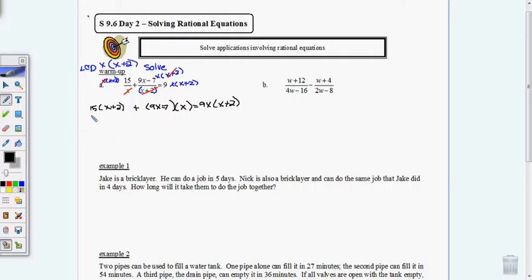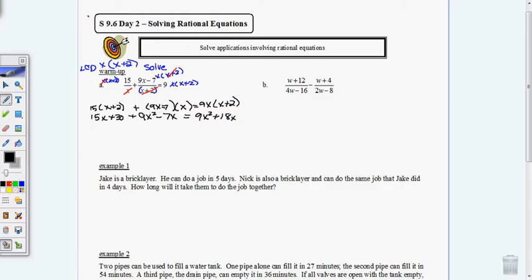So distribute: 15x plus 30, add it on to doing our foiling. Our foiling would give us 9x squared minus 7x. I shouldn't say foiling, distributing, equals 9x squared plus 18x.